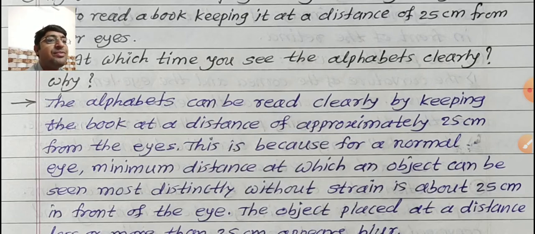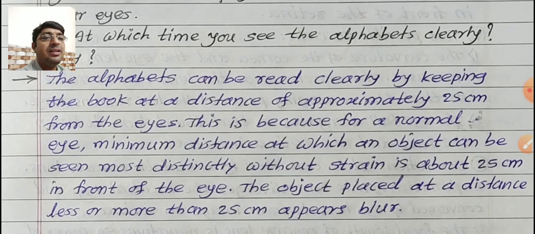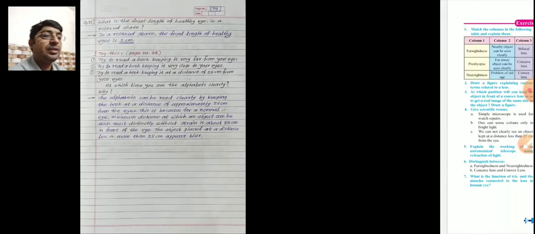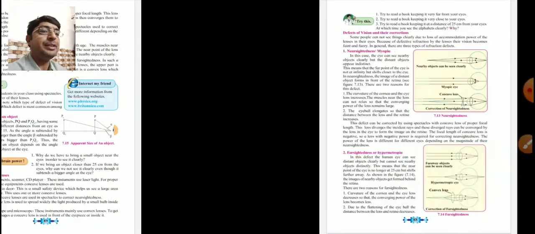This is because for a normal eye, the minimum distance at which an object can be seen most distinctly, meaning clearly without strain or stress, is about 25 centimeter in front of the eye. An object placed at a distance less or more than 25 centimeter appears blurred. Getting all of you? Come back to our previous page.